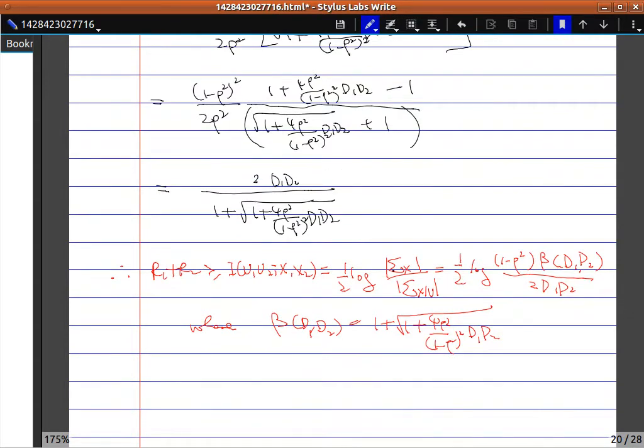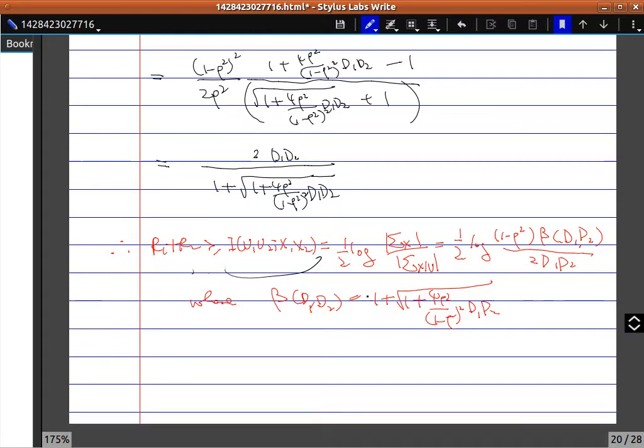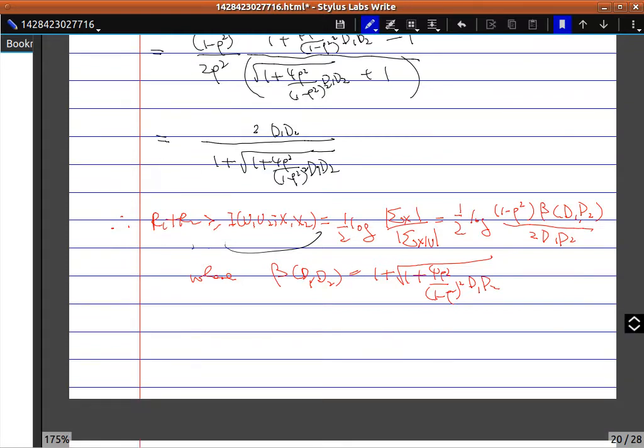And this is exactly what we need to specify the rate region for our SD1, D2. So we have R1 plus R2 bigger than or equal to that, and we compute this one.